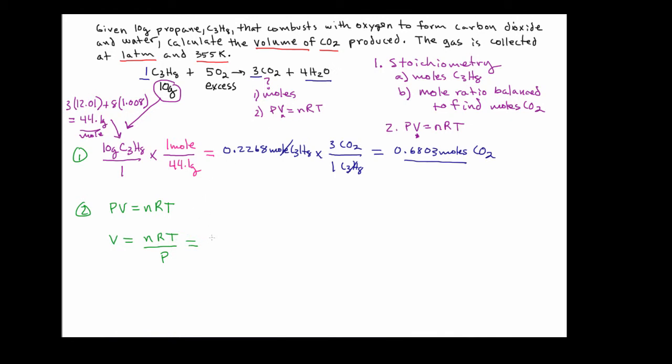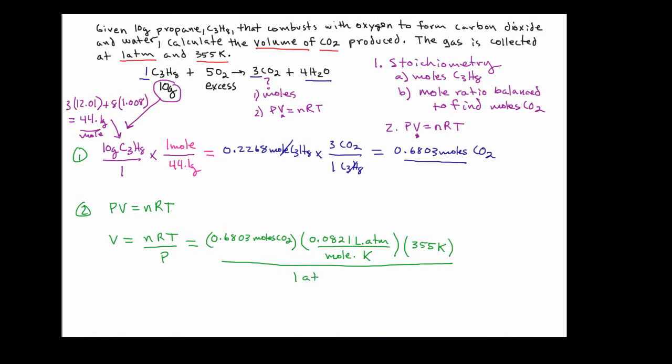For the moles of carbon dioxide, we have 0.6803 moles CO2, times R, the gas constant, 0.0821, in units of liter atmospheres over mole Kelvin. The temperature is 355 Kelvin. Careful to put the units in all the way across here, and we're dividing by 1 atm of pressure.